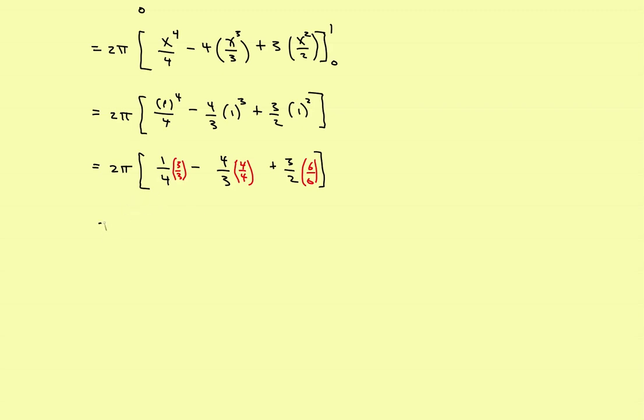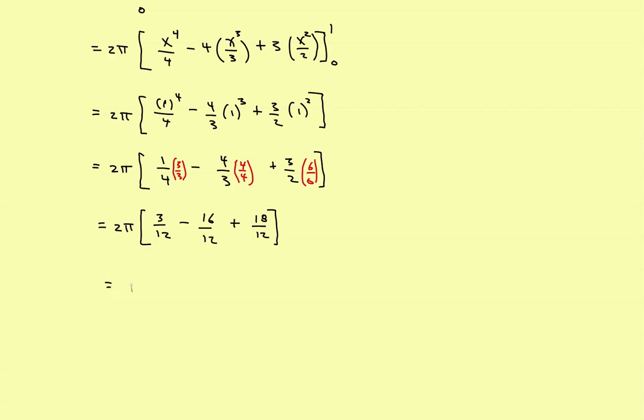Okay, so that gets me to 2 pi, and this will become 3/12 minus 16/12, and then finally plus 6 times 3 would be 18/12.